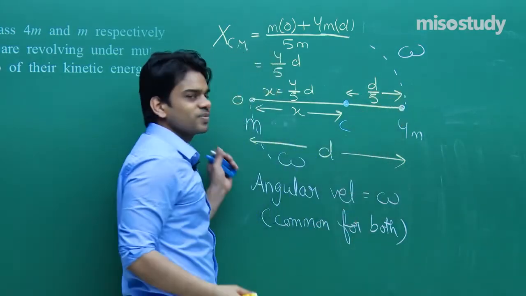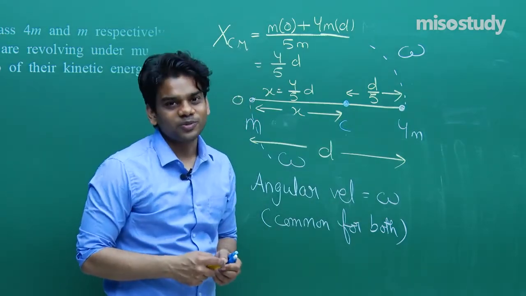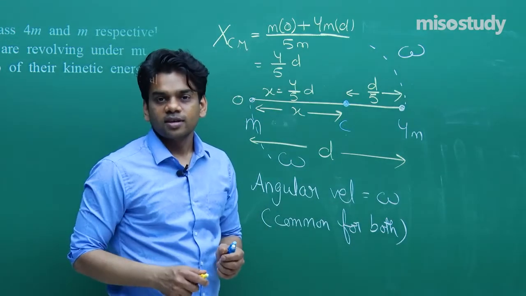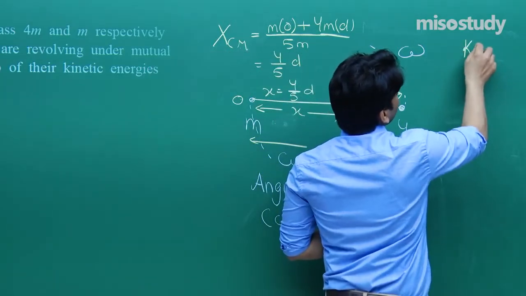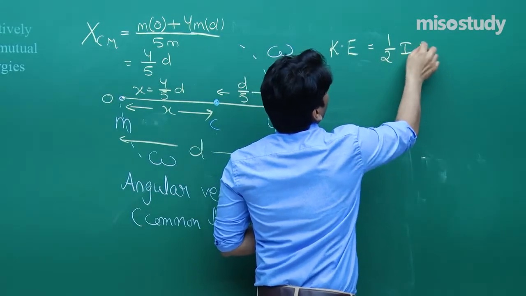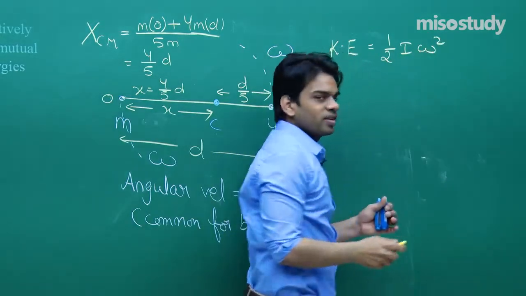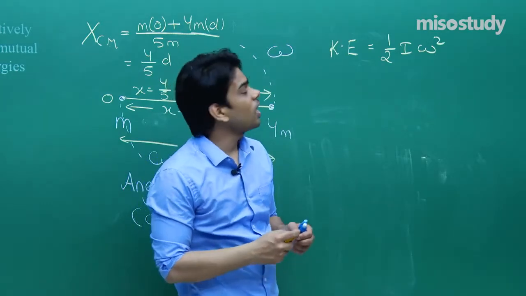We got the distance of the center of mass from each of the point masses. Now your kinetic energies are only due to revolution. Kinetic energy is given by half I omega square. This is what we know: when a body rotates, its kinetic energy is half I omega square.